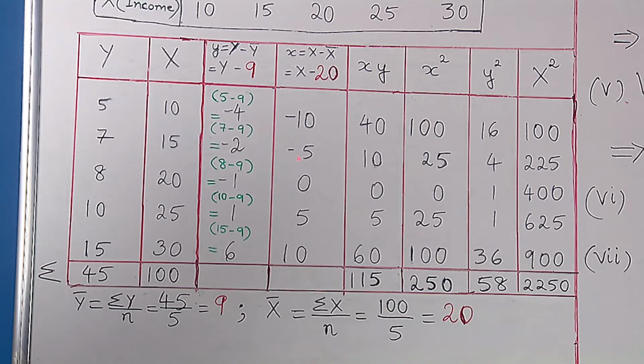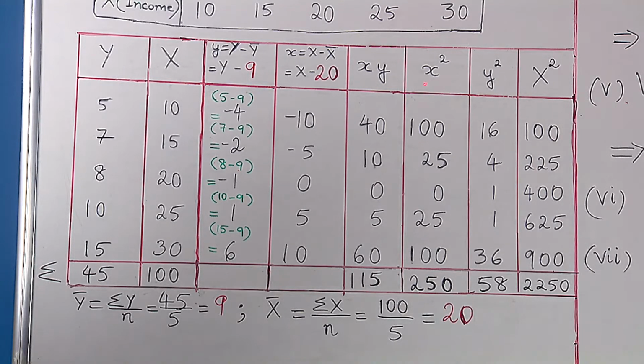So, minus 5 into minus 2 gives you 10, next one 0 into minus 1 gives 0, 5 into 1 gives you 5, and the last one 10 into 6 gives you 60. Sum up all the elements of xy, and here the total comes to 115. So, keep it safe because we have to use it for the next estimation.